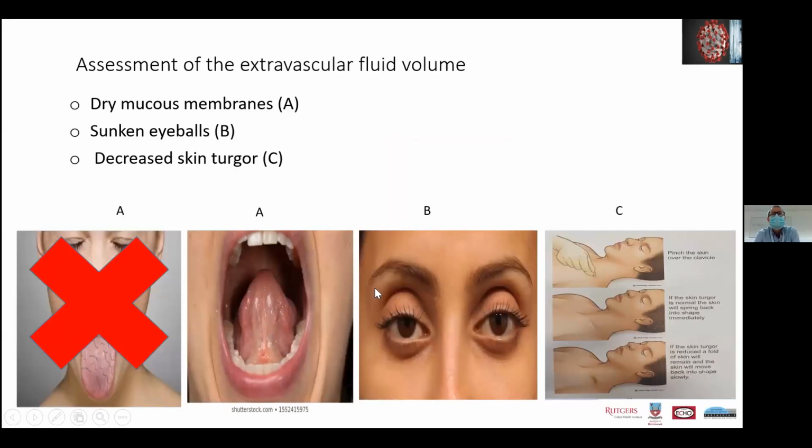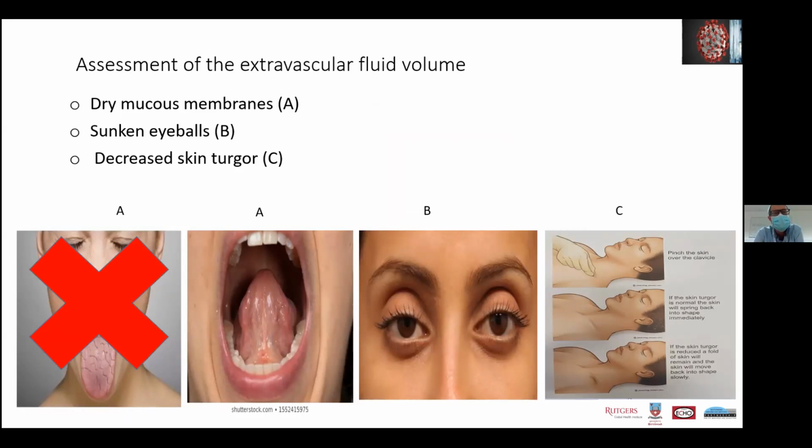Okay, then how do we assess the extravascular fluid volume? It is done by mucous membrane assessment, the eyeballs, and the skin turgor. If you have dry mucous membranes, it is important. In the first picture A, there is a patient in respiratory distress.